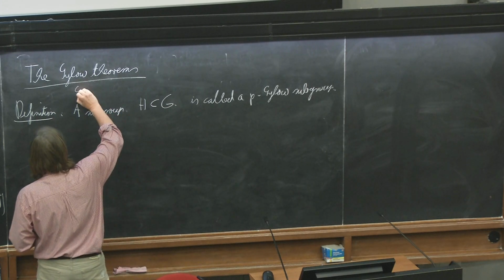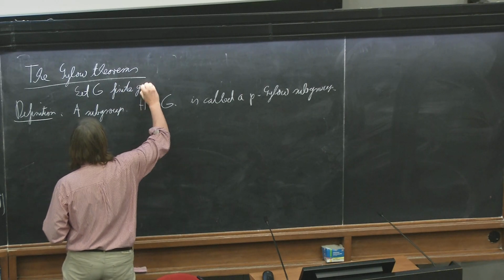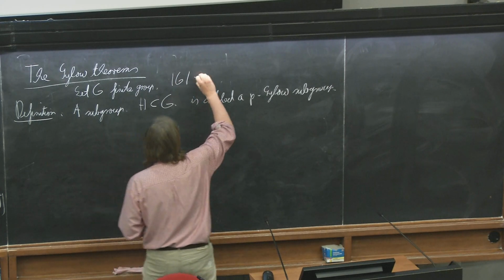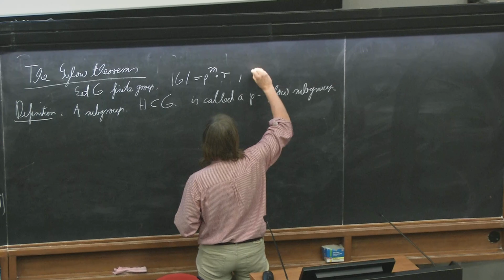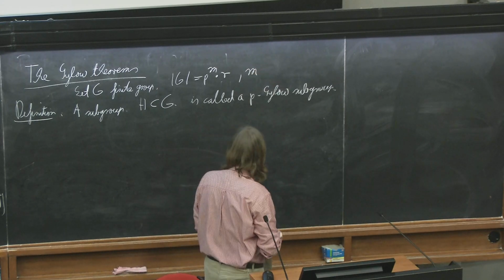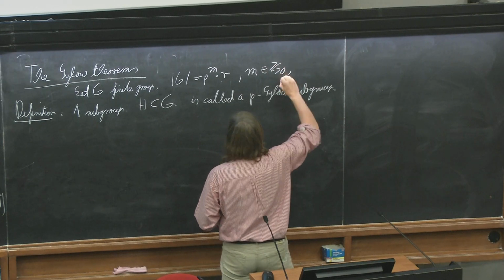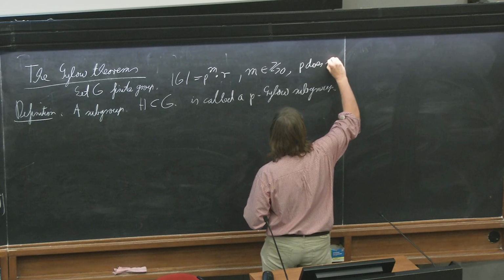So anyway, let G be a finite group of order p to the m times r, where m is a positive integer and p does not divide r.